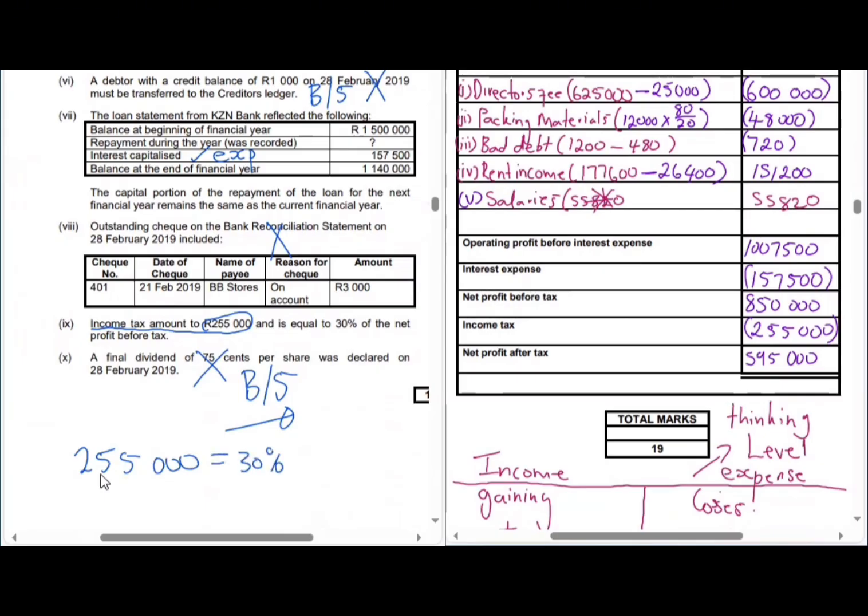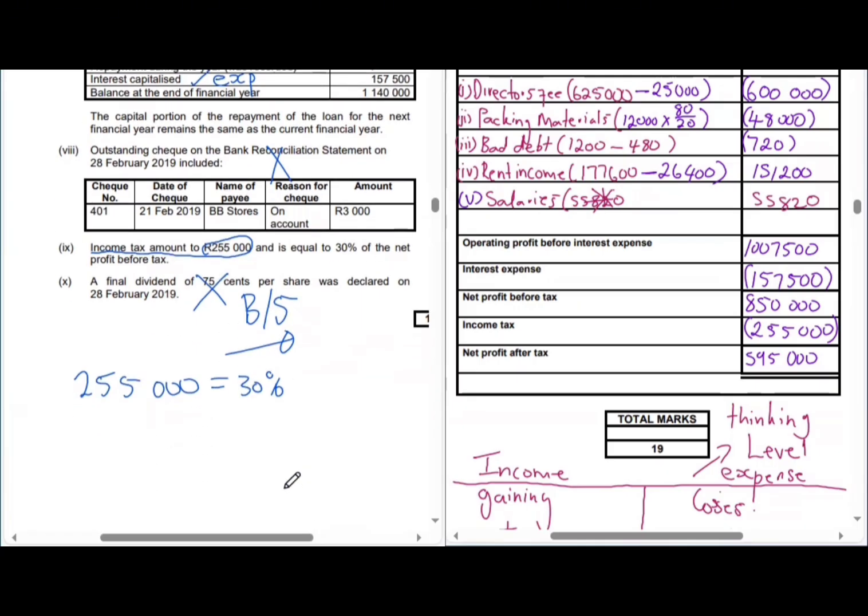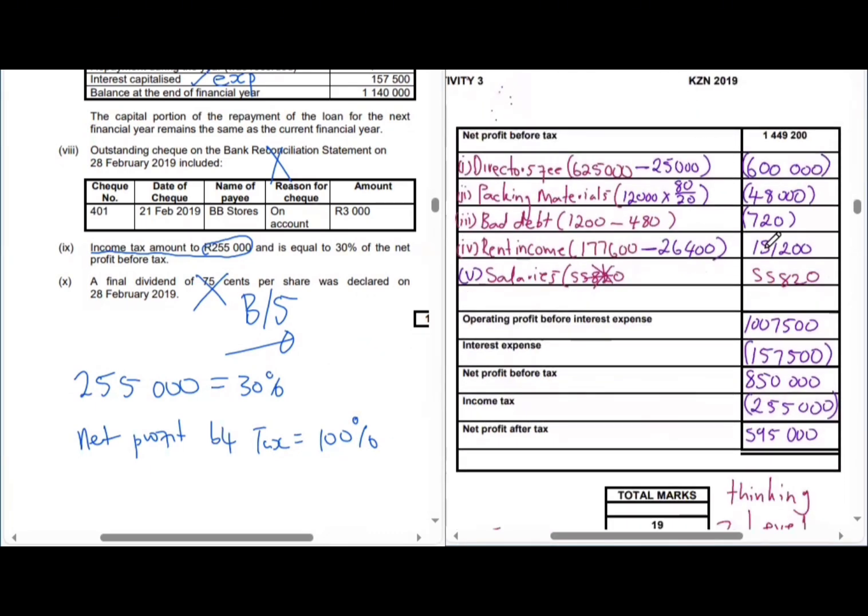Our net profit before tax is equal to 100%, which is this amount, 850. If we have been doing everything in a good way, we need to confirm that everything is correct.